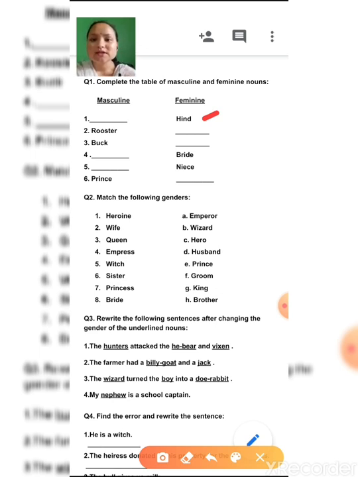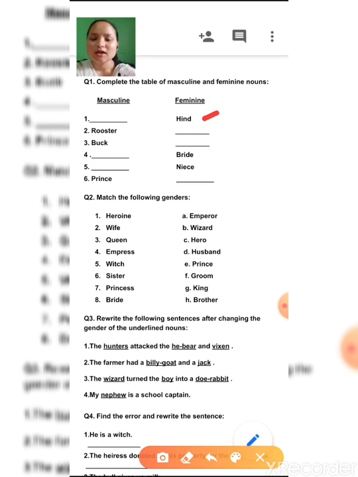Male chicken is known as rooster, whereas female chicken is known as hen, H-E-N, hen. Male rabbit is known as buck, and female rabbit is known as doe, D-O-E, doe.